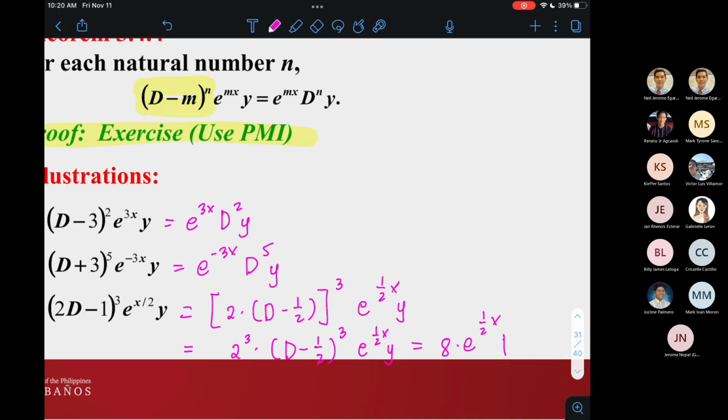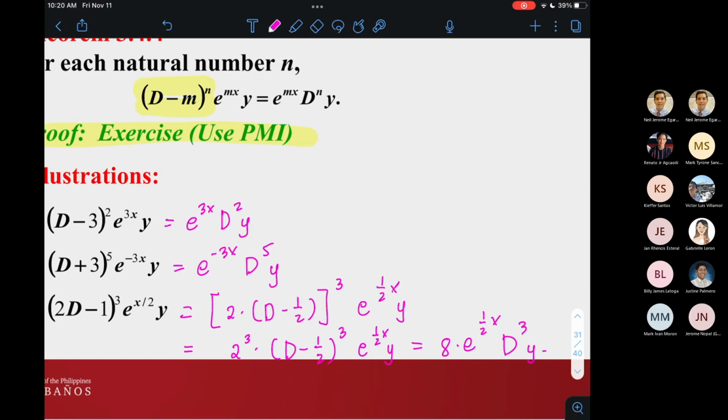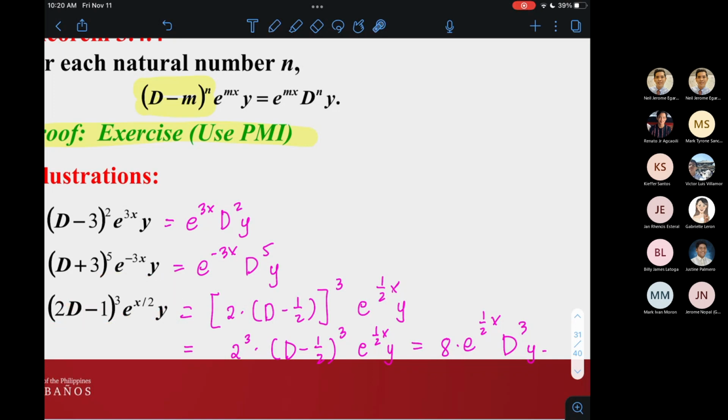Tapos third derivative ni y. And this is much easier to manipulate rather than this guy. All right? Kasi ayun nga, magpa-product rule ka 3 beses. Yeah, and that's not pretty to do, especially because the number of terms will grow as the order of the derivative increases.